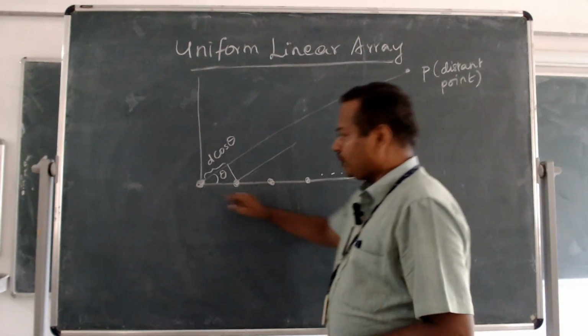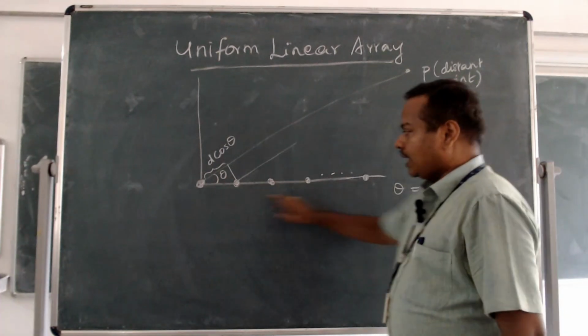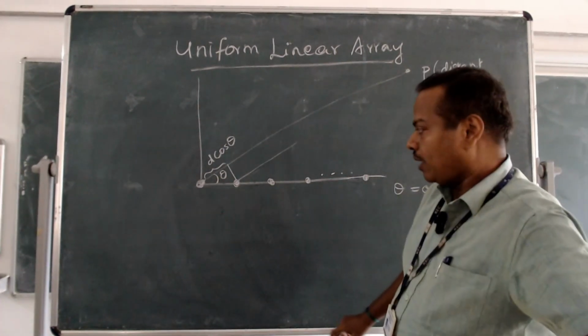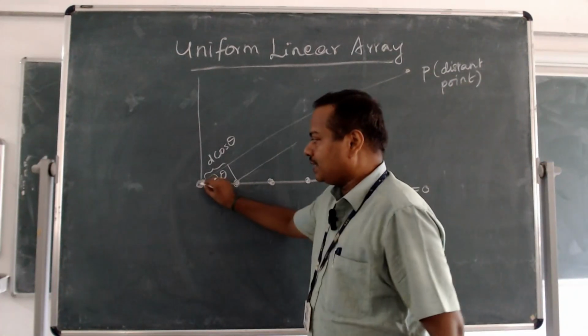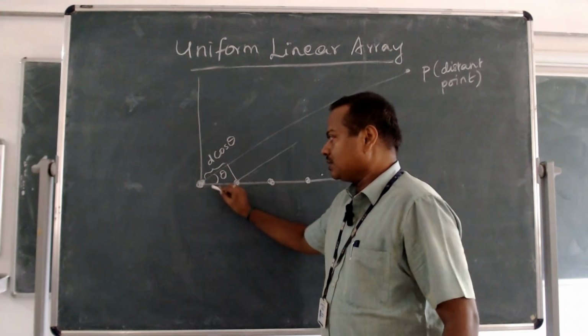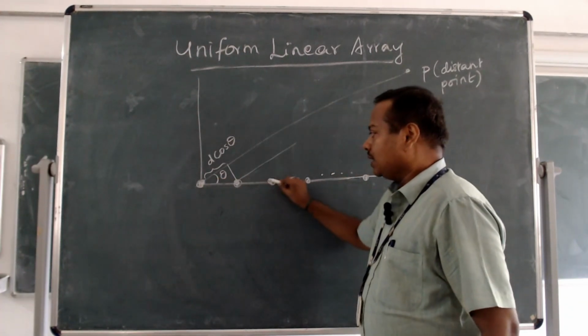Here we are seeing the uniform linear array, an array of n number of isotropic elements. Isotropic element means the individual elements can radiate equally in all directions.